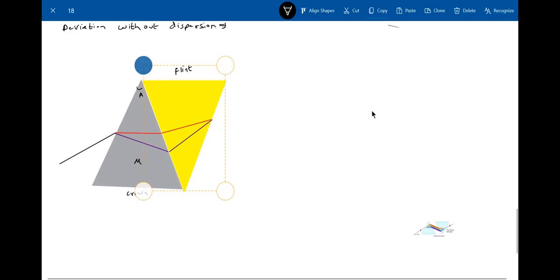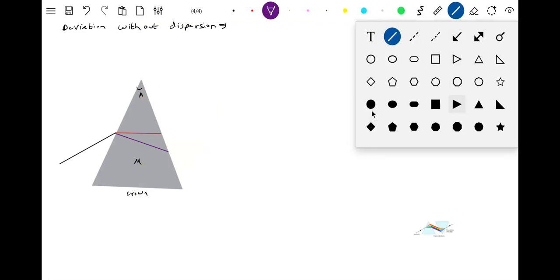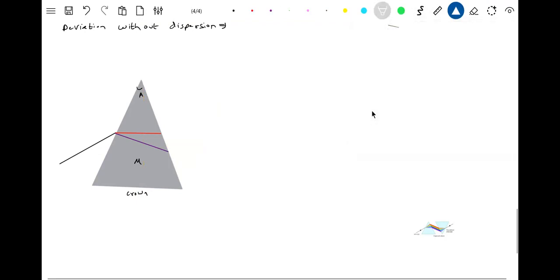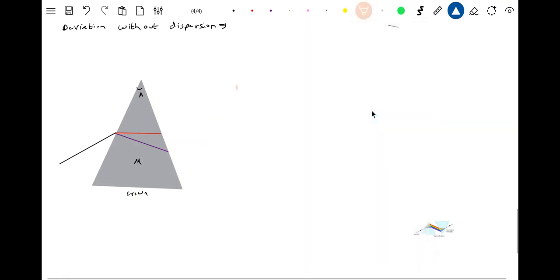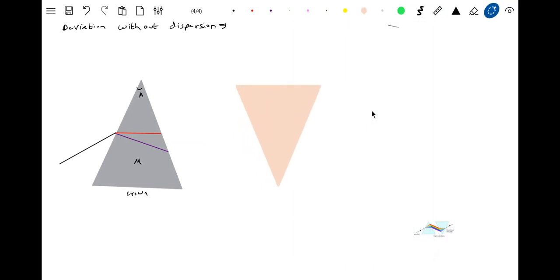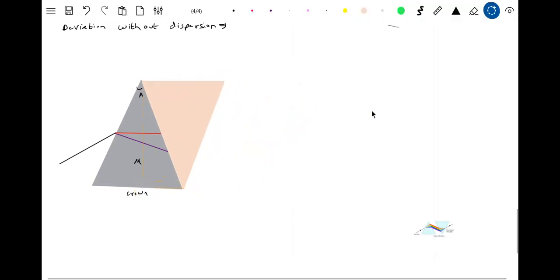I'll choose some other color because I have to show yellow color light through the prism. No? Yeah, fine.